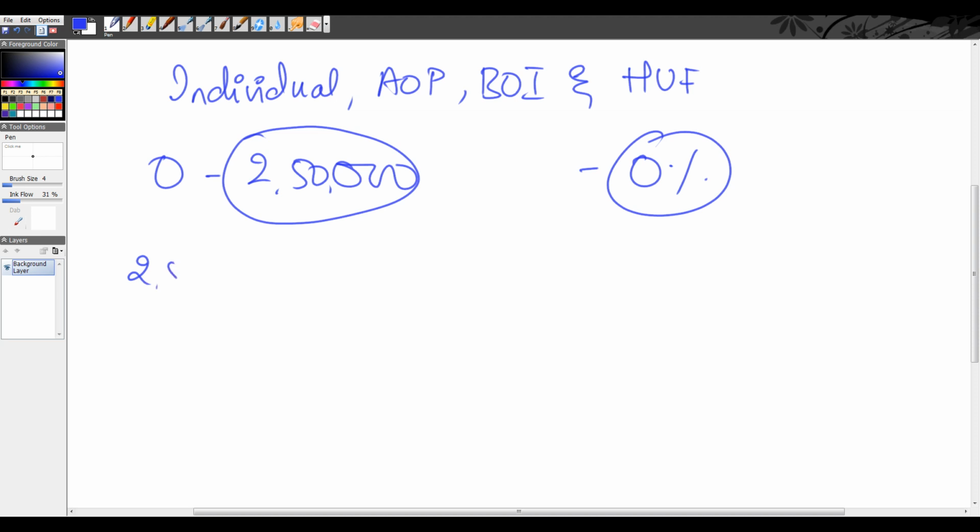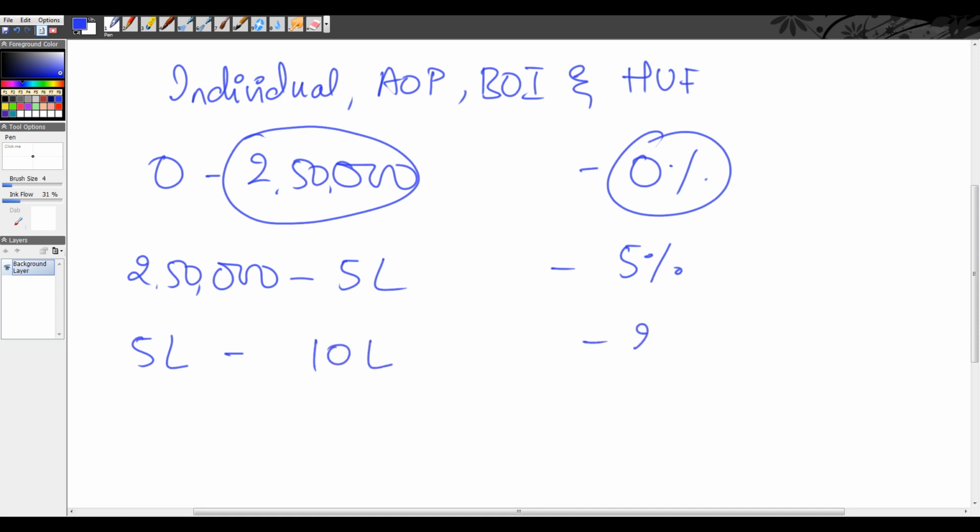If it is in excess of 2,50,000 and up to 5 lakhs, you are supposed to pay 5%. If it is between 5 lakhs and 10 lakhs, you pay 20%. If it exceeds 10 lakhs, then you, as an assessee of the income tax, are supposed to pay 30% of income tax.